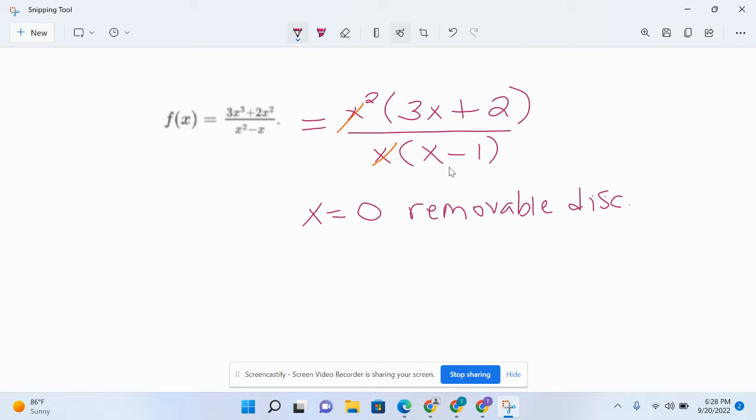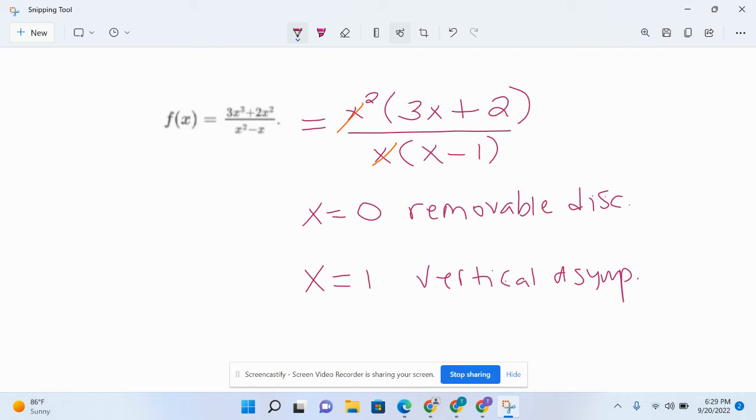But this other place where x minus 1 equals 0, or in other words, where x equals 1, that's not canceling out. See, there's not an x minus 1 on the top. So x equals 1 is a vertical asymptote.